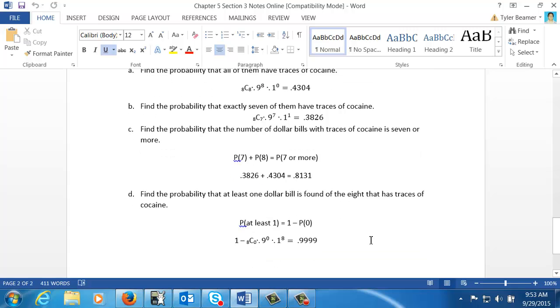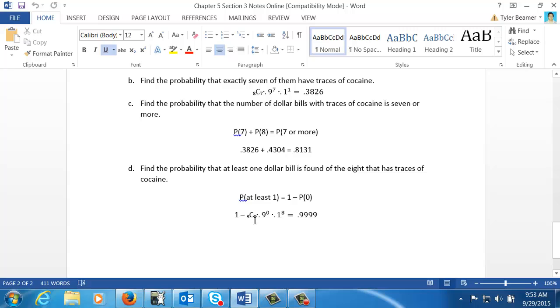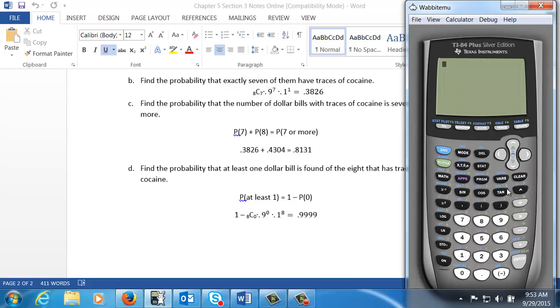So if we find the probability using our binomial function that we have 0 bills laced with cocaine, that would be 8 choose 0 times, I'm just going to put this in the calculator so you can get another example of how to use the calculator, times 0.90 to the 0, so 0 successes, times 0.10 to the 8th, 8 failures, which is a really, really small number.